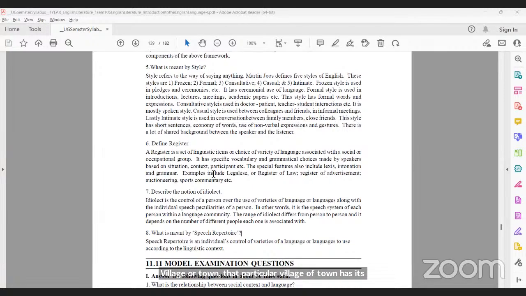Maybe they are following a variety of the parent language, and within that variety, you are utilizing that variety in your own way. That is what is known as idiolect. So it is the speech system of each person within a language community. The range of idiolect differs from person to person, and it depends on the number of different people each one is associated with.